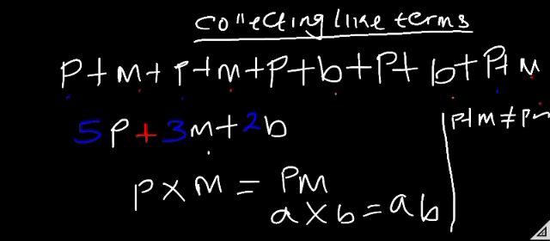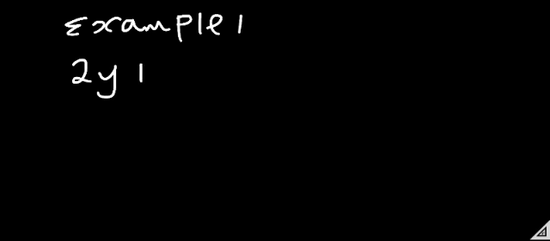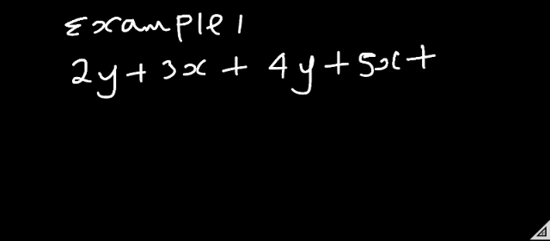So let us go a little bit further into this. What if we have, for example, example 1, we have 2y plus 3x plus 4y plus 5x plus 2x, and they say simplify this expression. How do you know that you need to simplify?